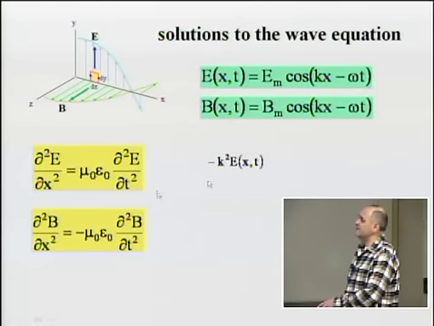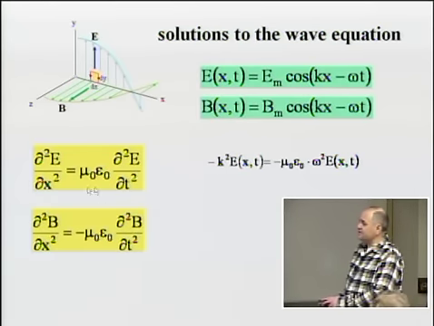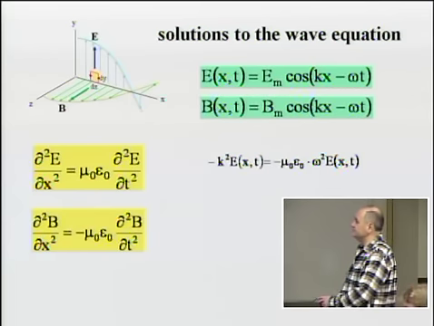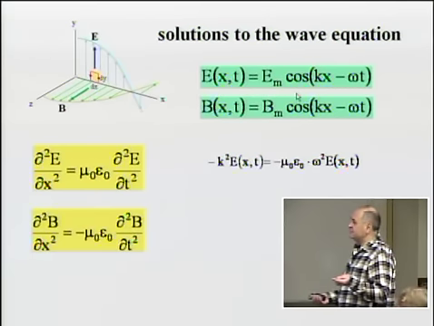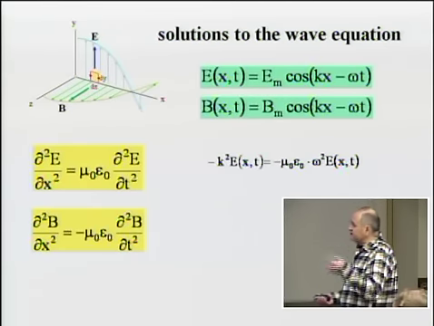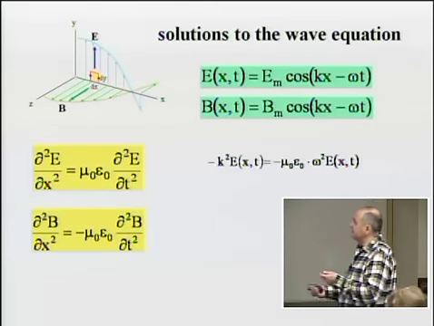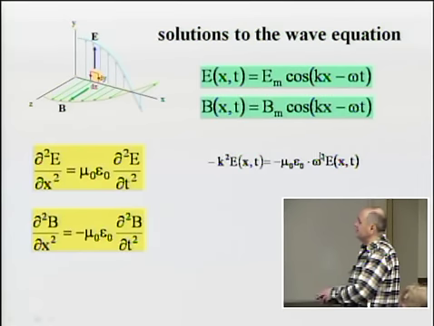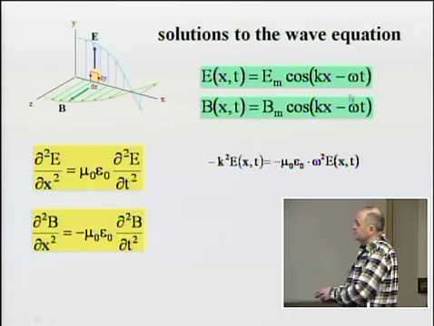Now let's perform the operation on the right-hand side of the equation. So I will have the permeability of free space and the permittivity of free space. And again, the first derivative will give me minus sine, and then the second derivative will give me minus cosine, and so I will get back the function, and then I have to take the second derivative of the internal function, which will give me this omega squared.